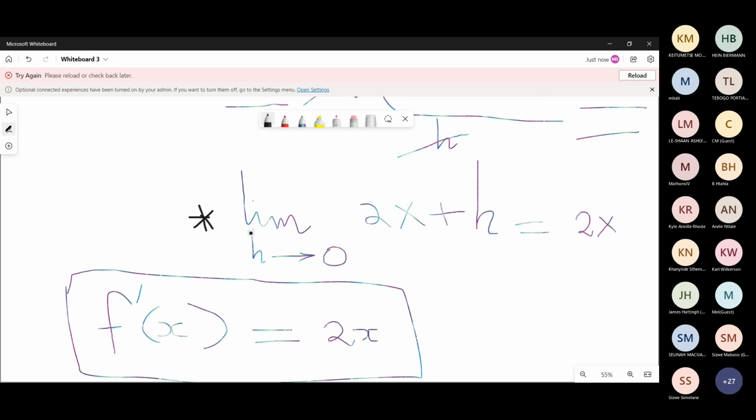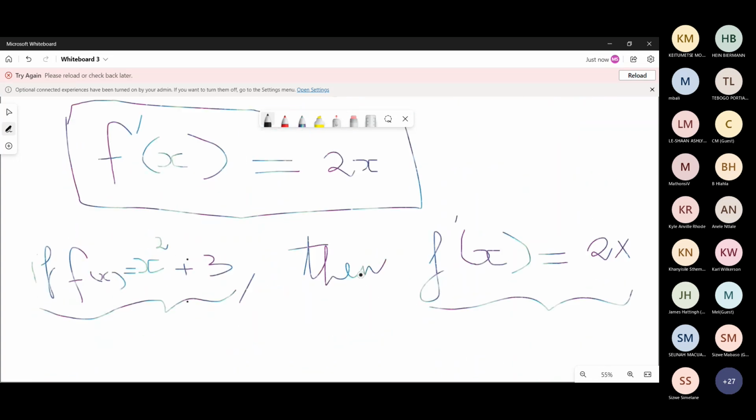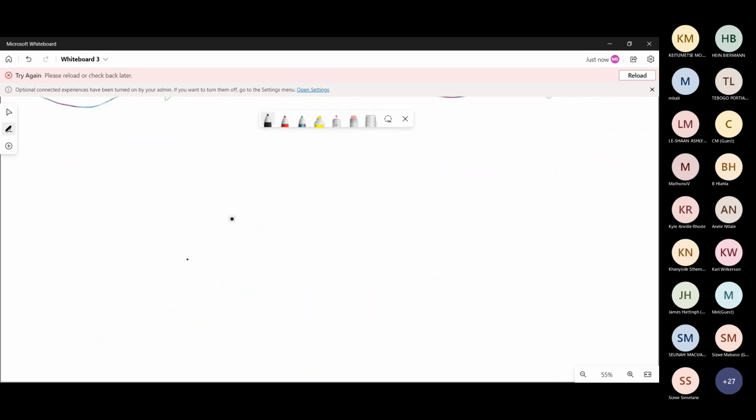Yes. 2x plus h. This number h is a number. Let me take, for instance, 2x plus any simple number that you want. Take for instance 0.1.